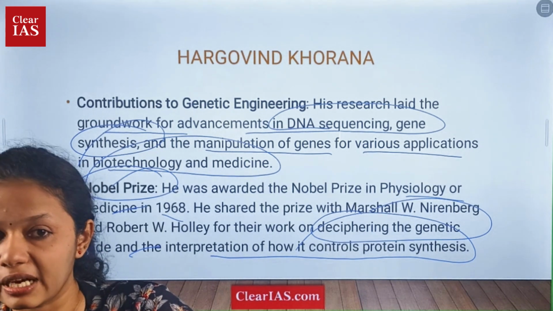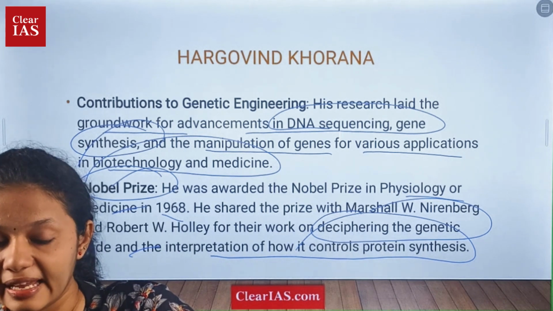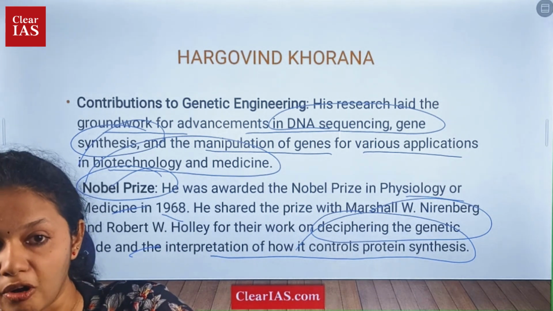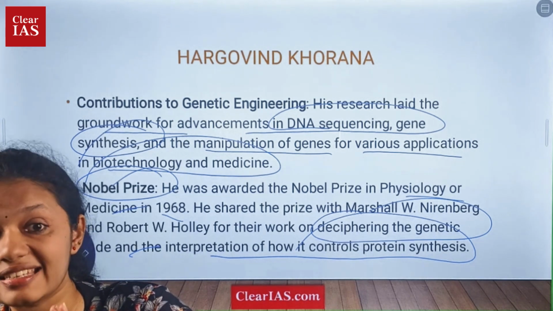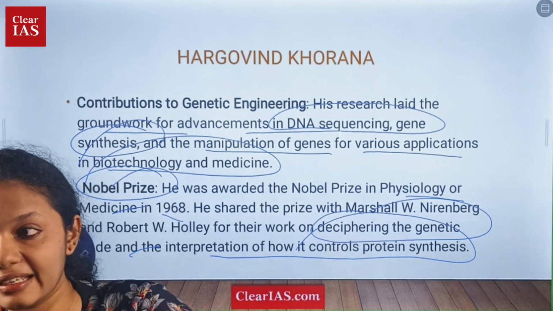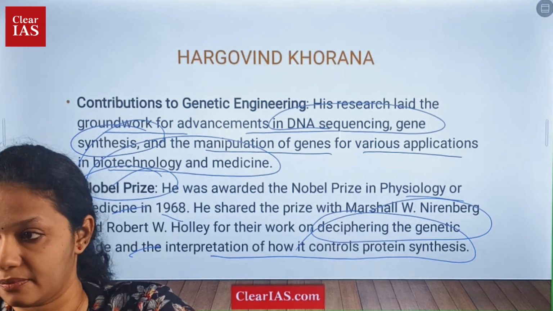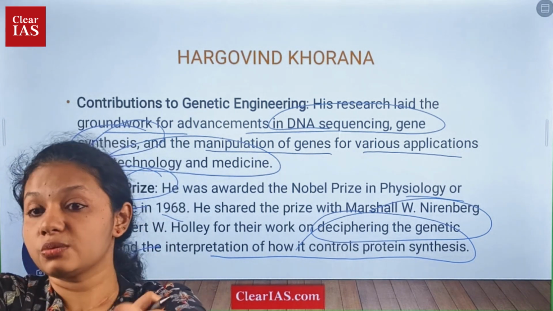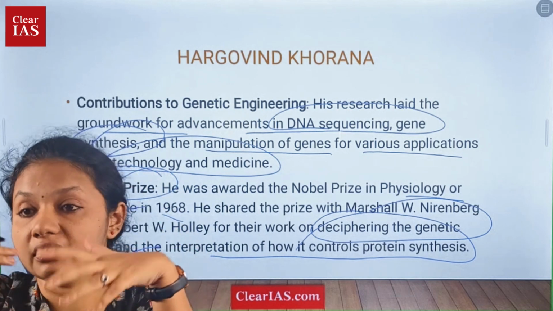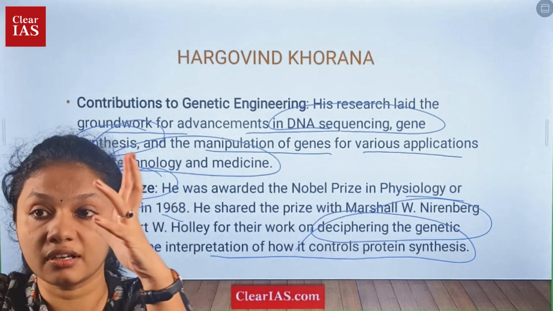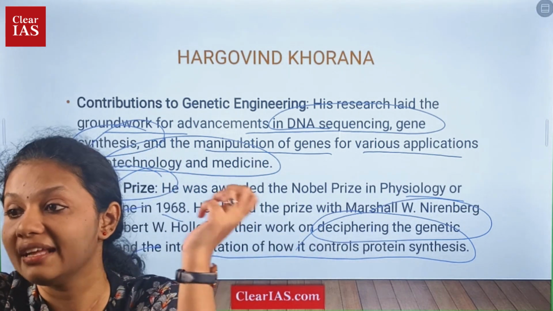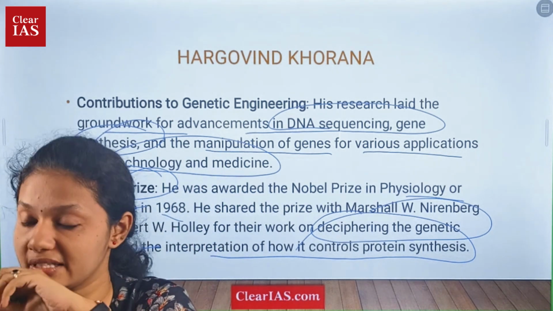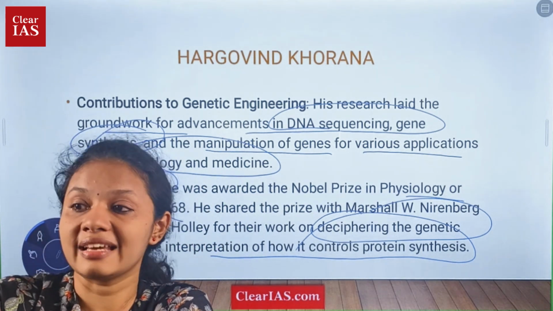When a bollworm comes and eats the cotton boll, this toxoid enters the bollworm, and in the bollworm's gut it gets activated to toxin, resulting in the death of the bollworm. This was created after the deciphering of the genetic code. That is why he received the Nobel Prize. This is just a simple example of how genetic modification has helped.